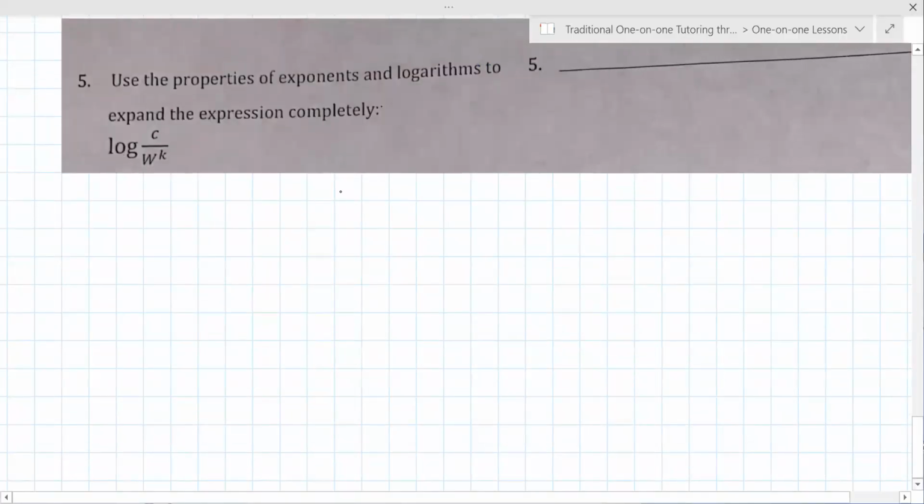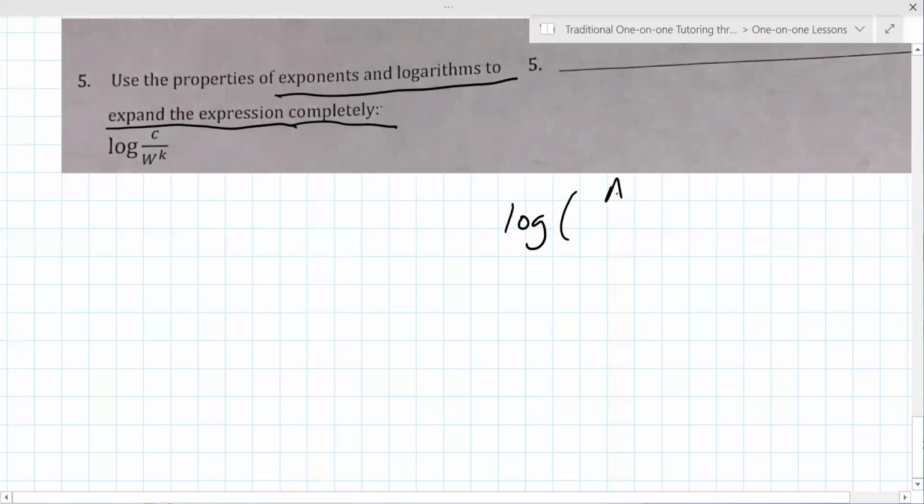All right. Use the properties of exponents and logarithms to expand the expression completely. So what I'm going to do is write the property on the right and show you what happens on the left. So the first one is log A over B equals log A minus log B. So in your example, A is this little c, and your B on the bottom is this w to the power of k.